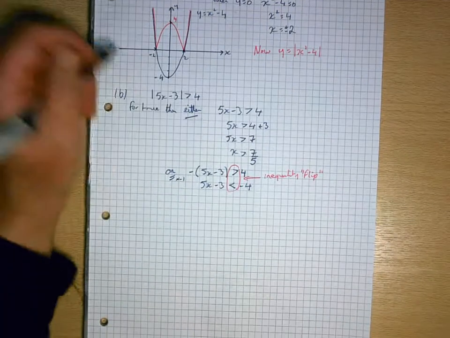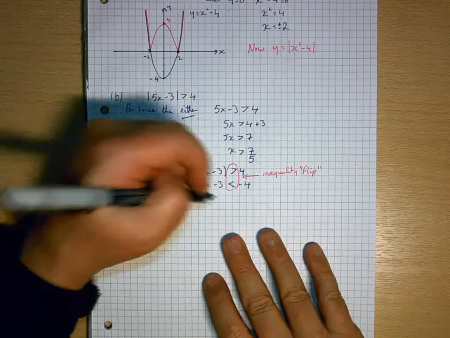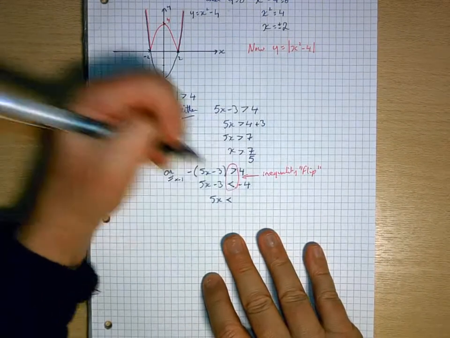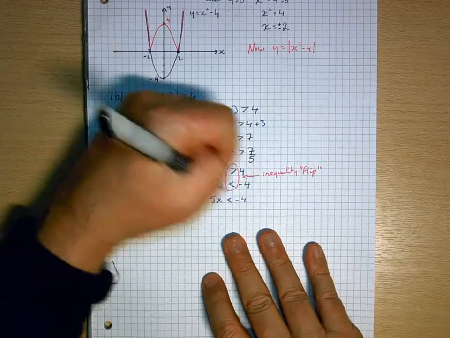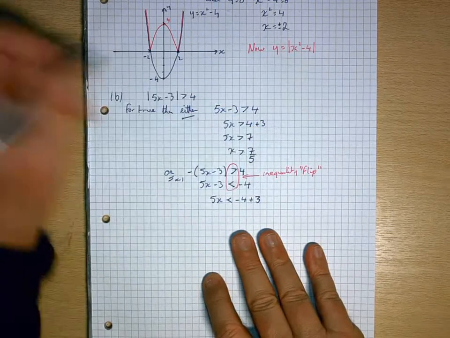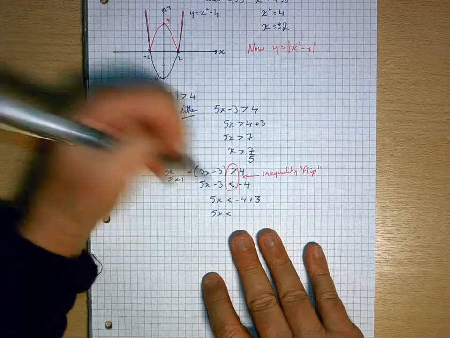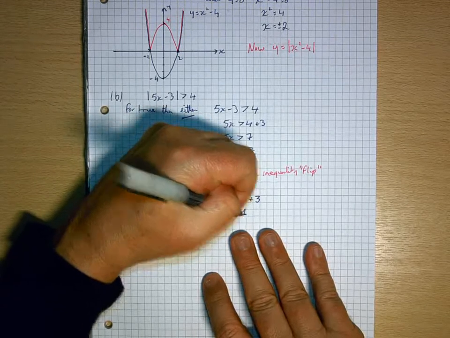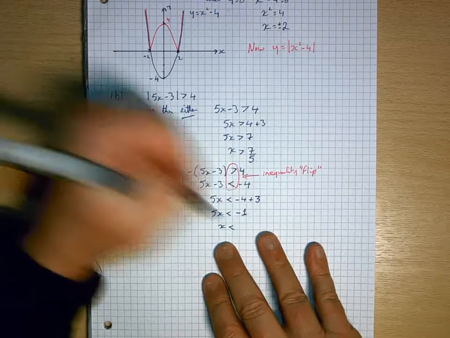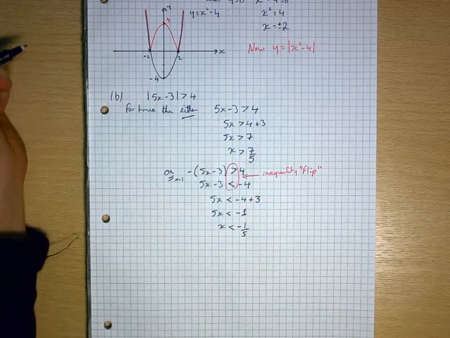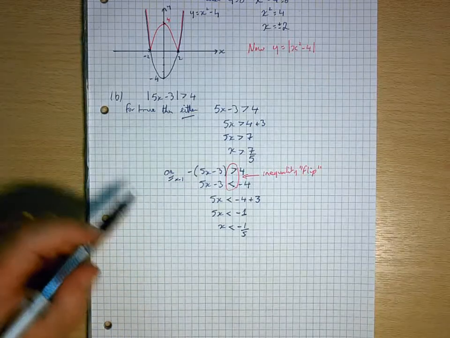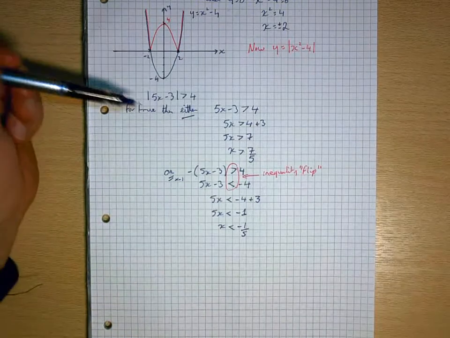Then we can go ahead and finish solving it. So now we've got negative 4 plus 3, so 5x is less than negative 1, so x must be less than minus 1/5.